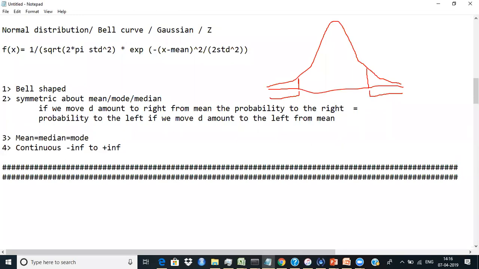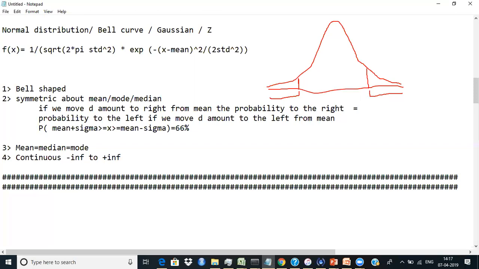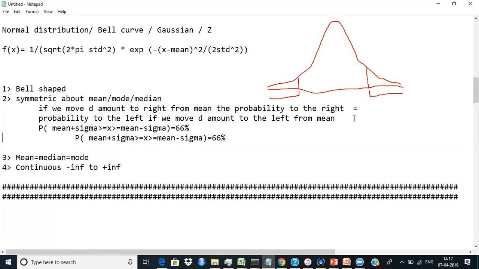Again, as a consequence of symmetry, the probability captured between mean plus sigma, where sigma means standard deviation, and mean minus sigma is 66 point something percent. If we move by 2 sigma on either side, the probability becomes 97%.